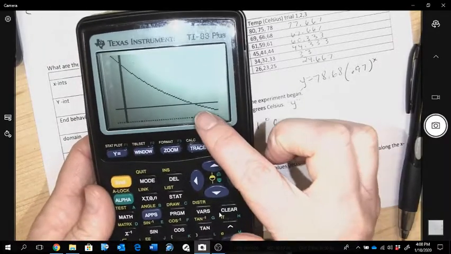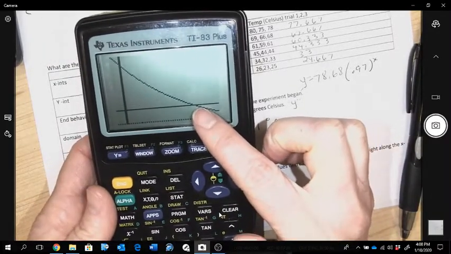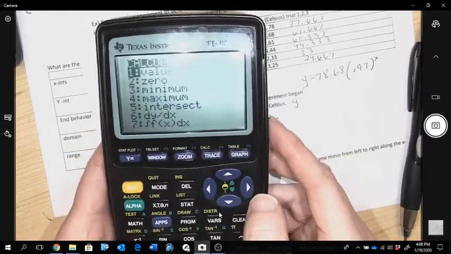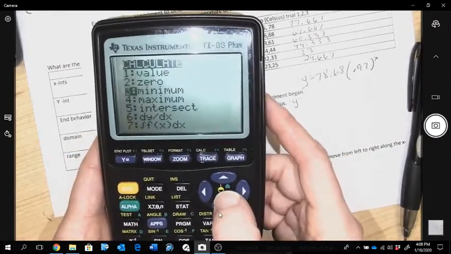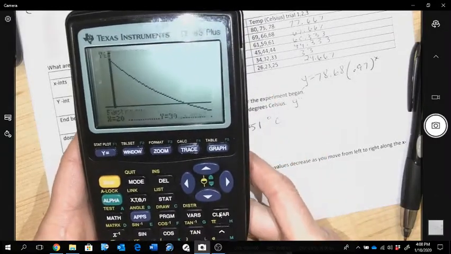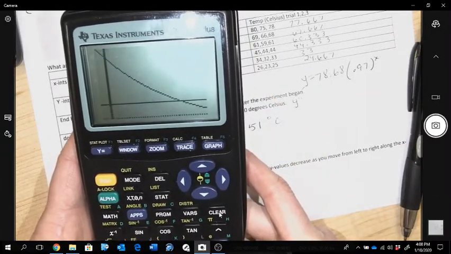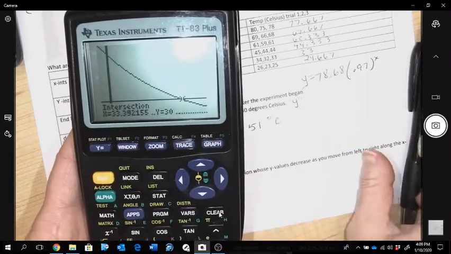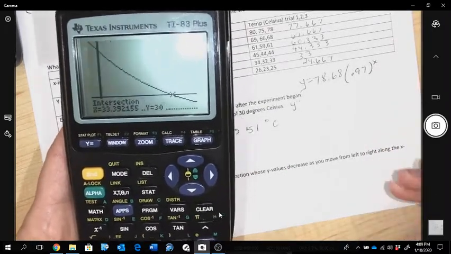If I want to know exactly when this curve was 30, I'm going to calculate and then go to intersection. First curve, second curve, enter, and it would take 33.4 minutes.